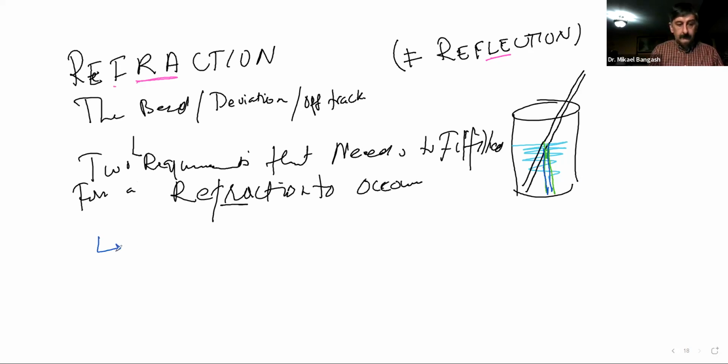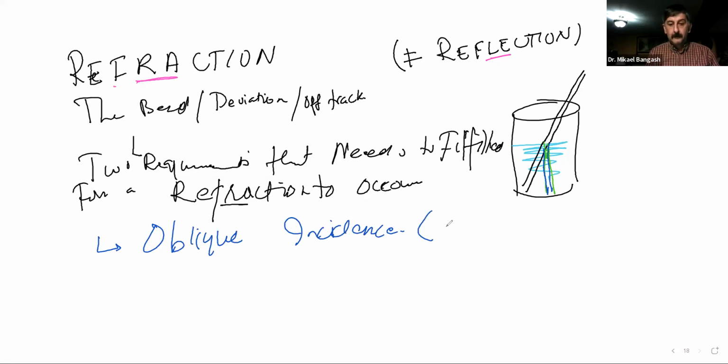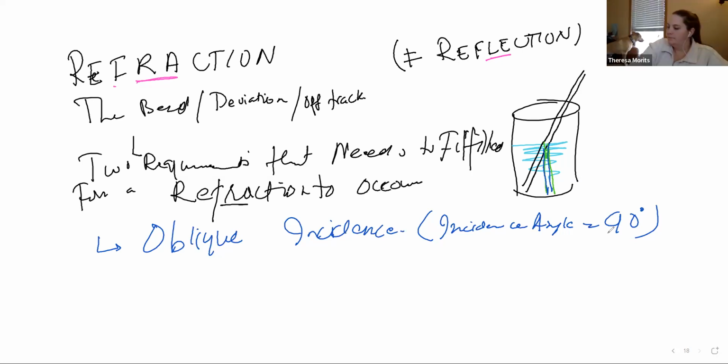Requirement number one is that we will need an oblique incidence. Clear? What did we mean by an oblique incidence? The incidence angle was not equal to 90 degrees. Did you guys get that? Yes. Good.